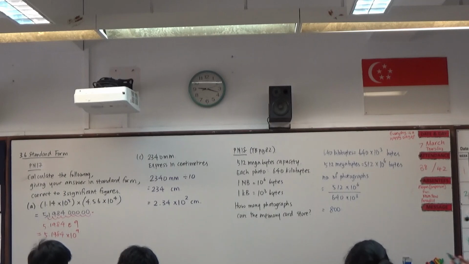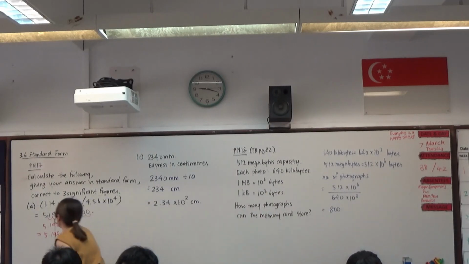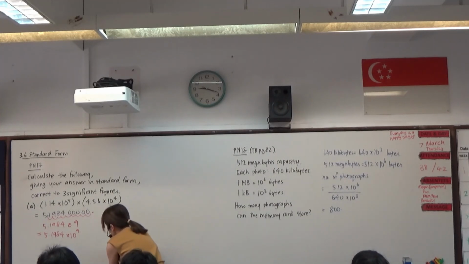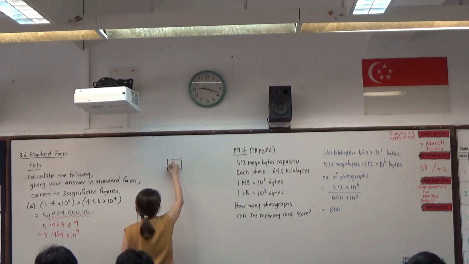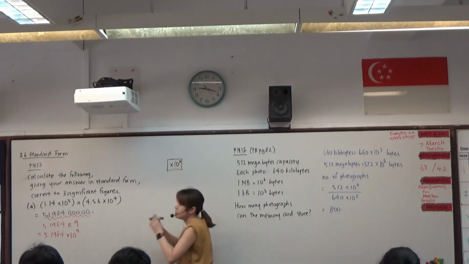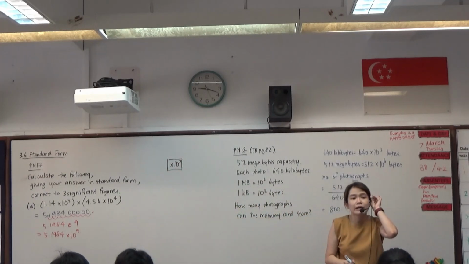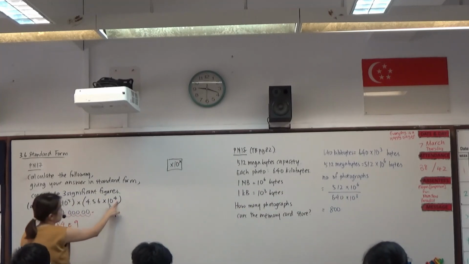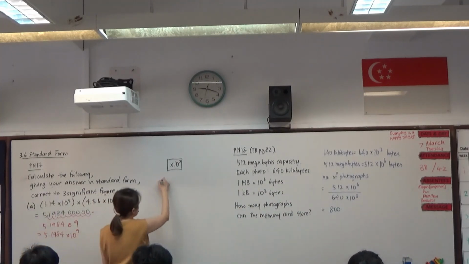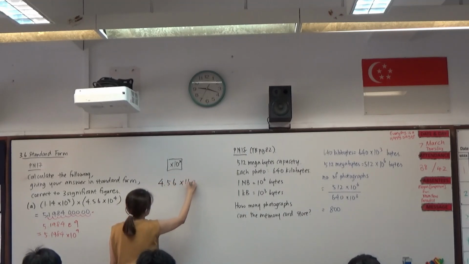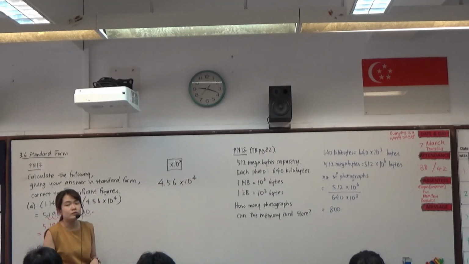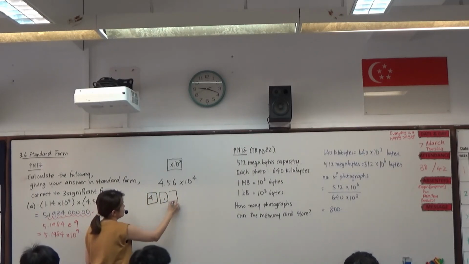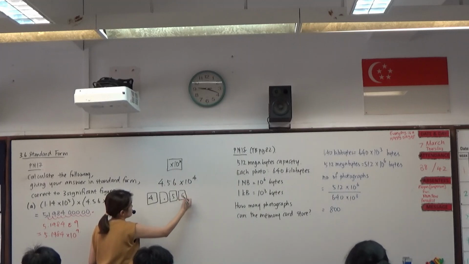As I said, some of your calculators have this fancy button at the bottom row that says times 10 to the power x. You can use this as a shortcut. For example, if you want to key 4.56 times 10 to the power 4 into your calculator, you press 4, decimal point, 5, 6.